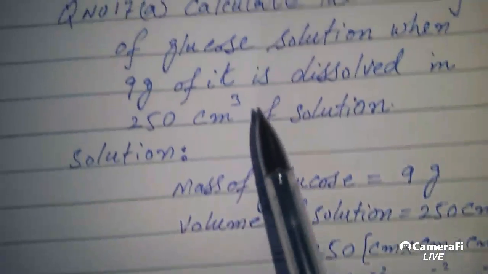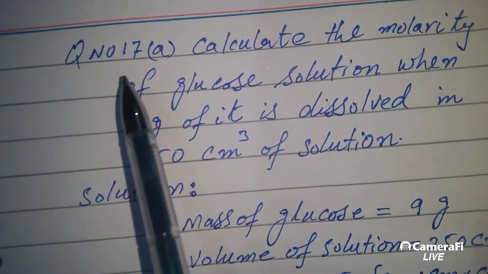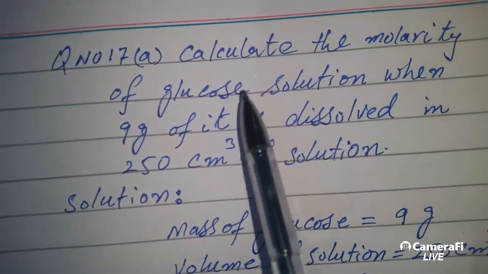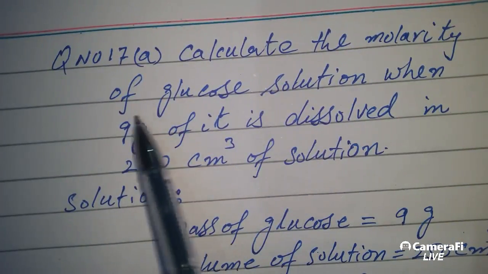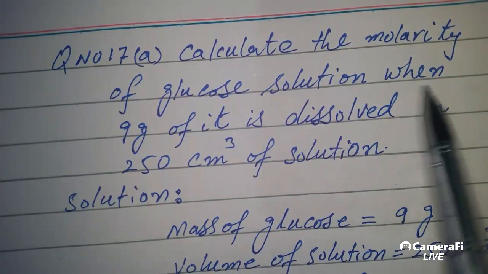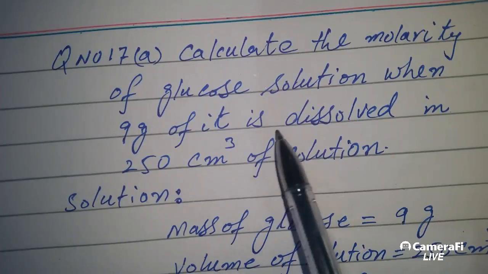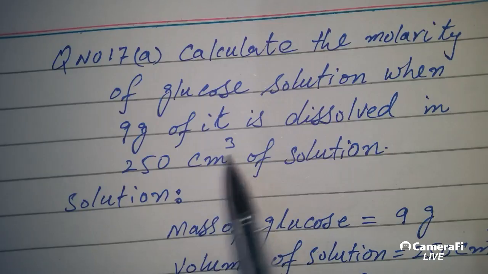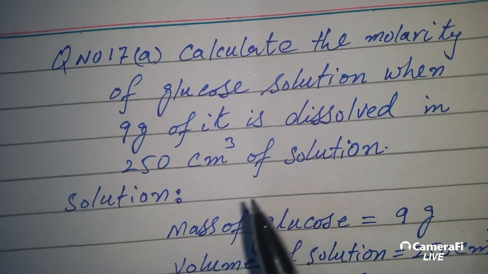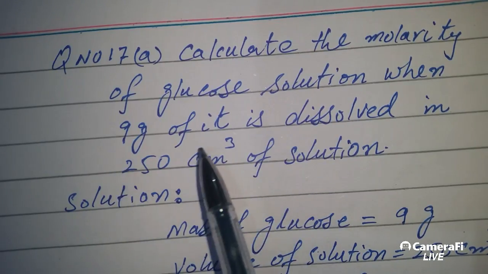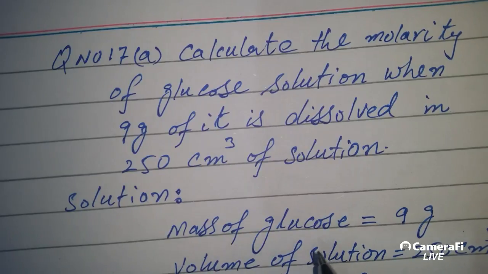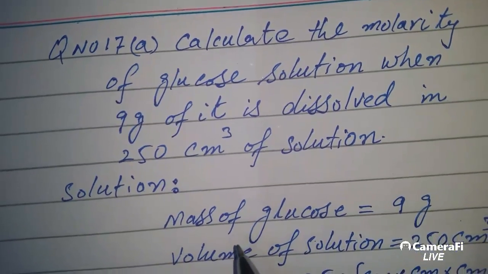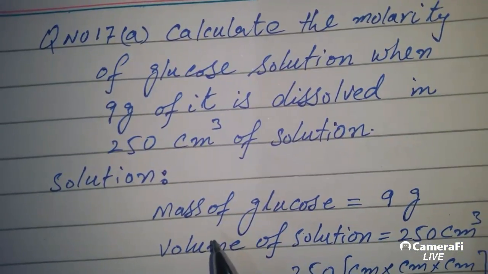The next part was numerical number 17, A part. Calculate the molarity of glucose solution when 9 grams of it is dissolved in 250 cubic centimeter of solution. Here we have 9 grams of solute, the solute in this case is glucose.